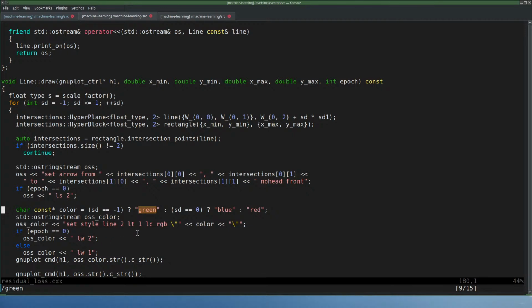And lo and behold, it looks like it's inside the red area. So what the heck?